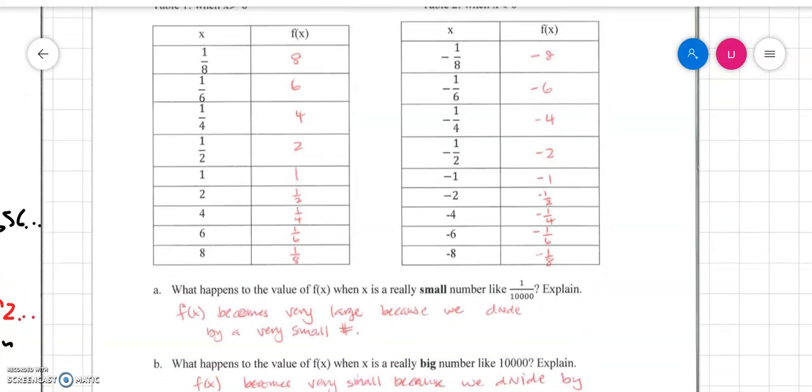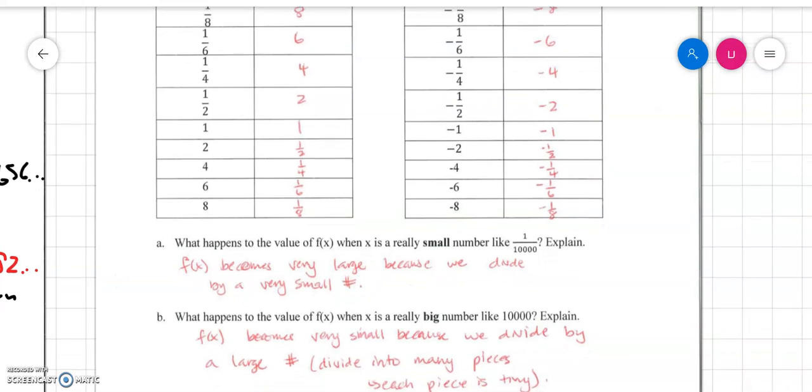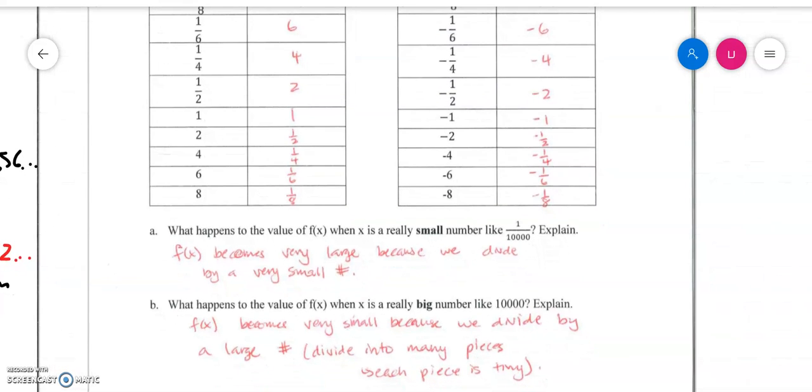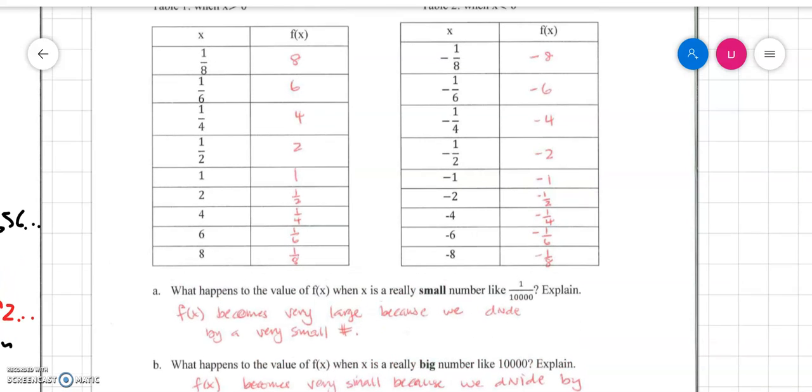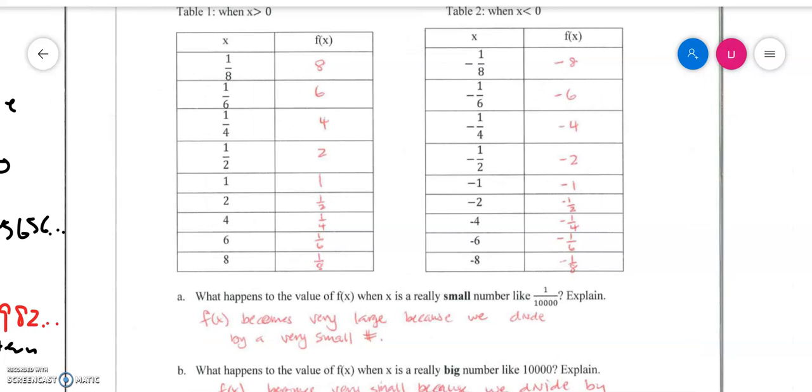You can see that on table 1, as x got bigger, f of x got really, really small, and when x is a very small number, f of x becomes very big. Small x, bigger number; bigger x, smaller number.